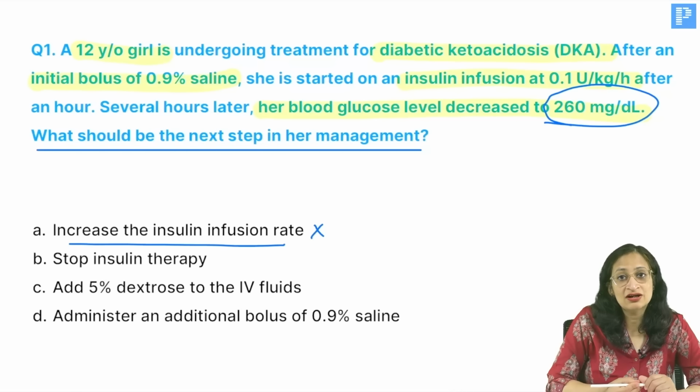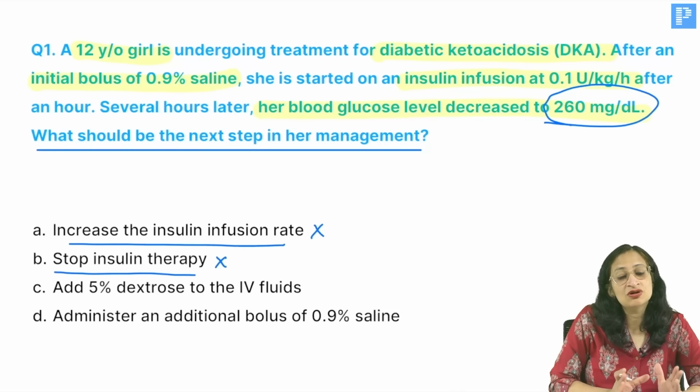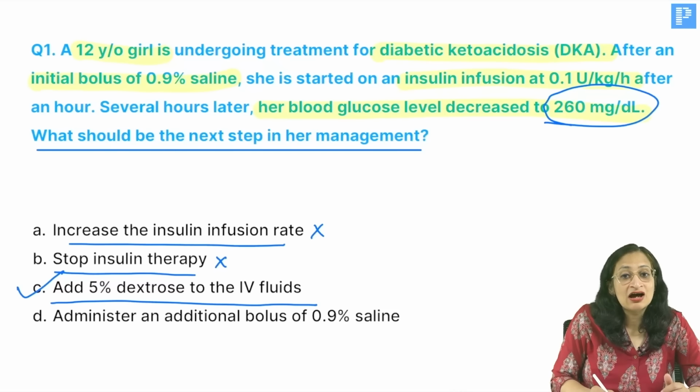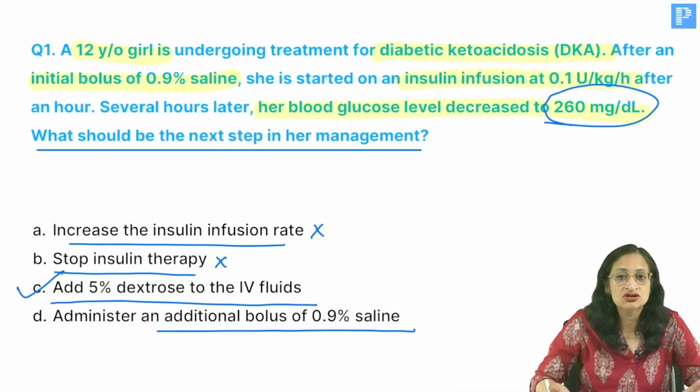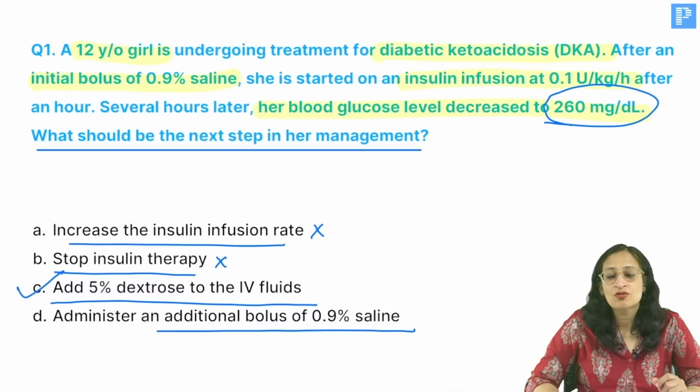We do not want that. Stop insulin therapy? No, we do not want to stop insulin therapy until the ketoacidosis has resolved. Add 5% dextrose to the IV fluid seems to be a plausible option. Administer an additional bolus of normal saline? Not required because the child is not in shock or hypovolemia. So our best answer is option C here.